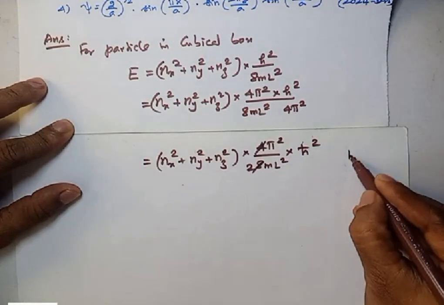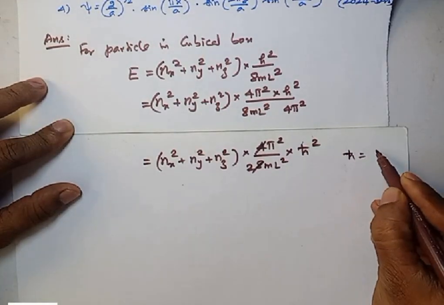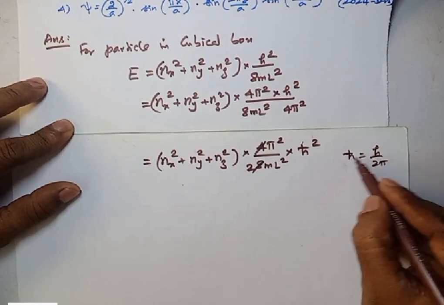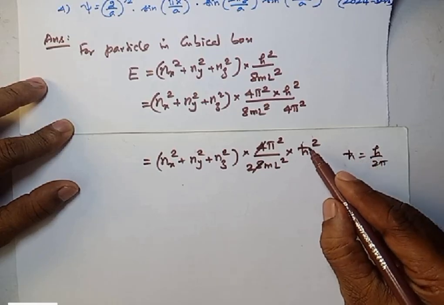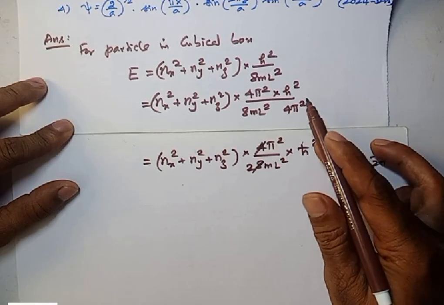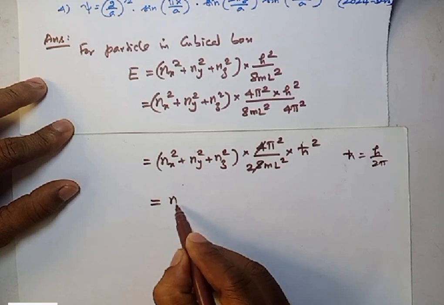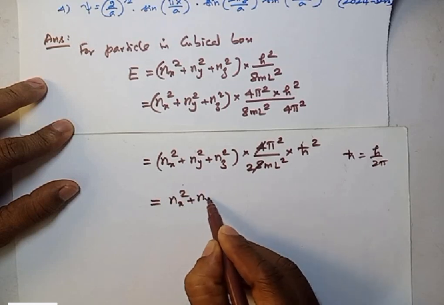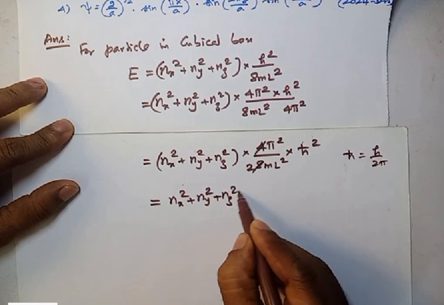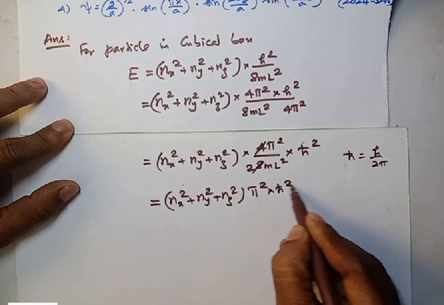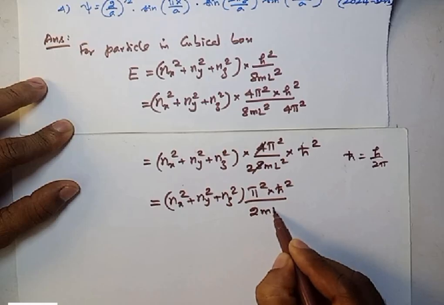What is h cross? h cross is nothing but h by 2 pi. Just take it squared. On squaring this, we'll get h cross square, which is nothing but h square by 4 pi square. Correct? So the formula is (nx square plus ny square plus nz square) into pi square h cross square by 2ml square.